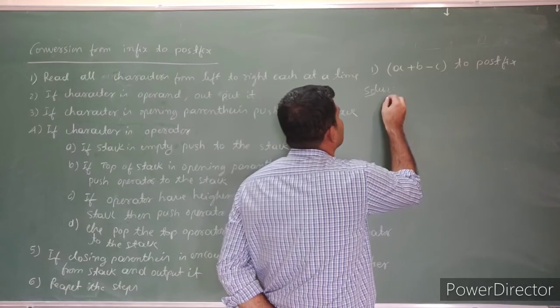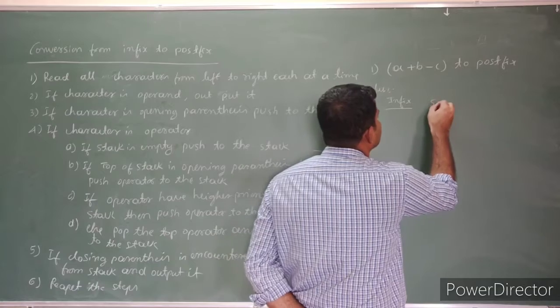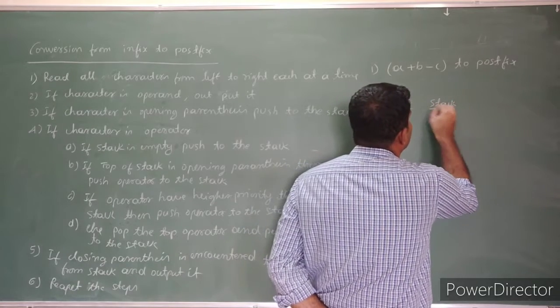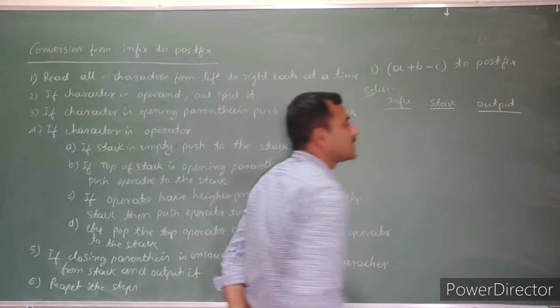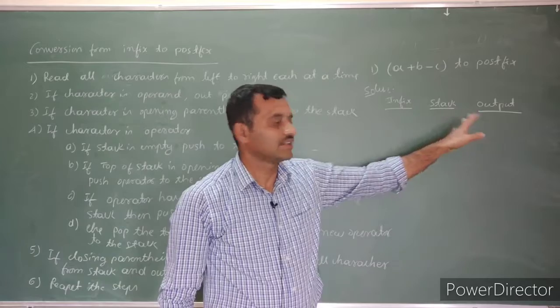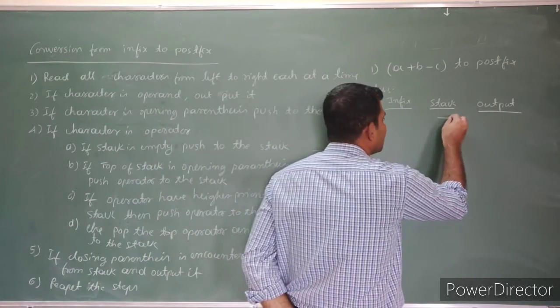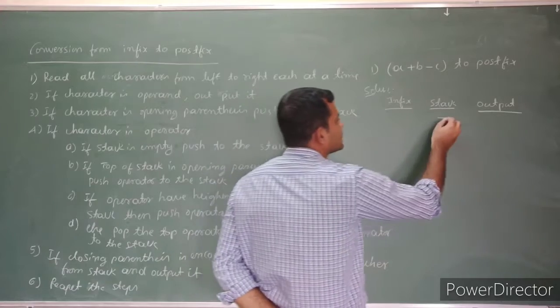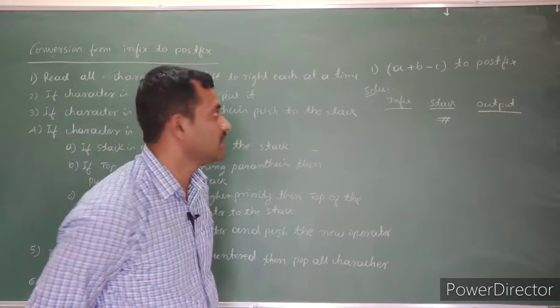First one is the infix expression. Next there is a stack. Then finally the output. Make 3 columns: one is the given expression, another one is the stack, another one is the output. Initially the stack is empty. How to show the stack is empty? By putting a hash symbol. Stack is empty.